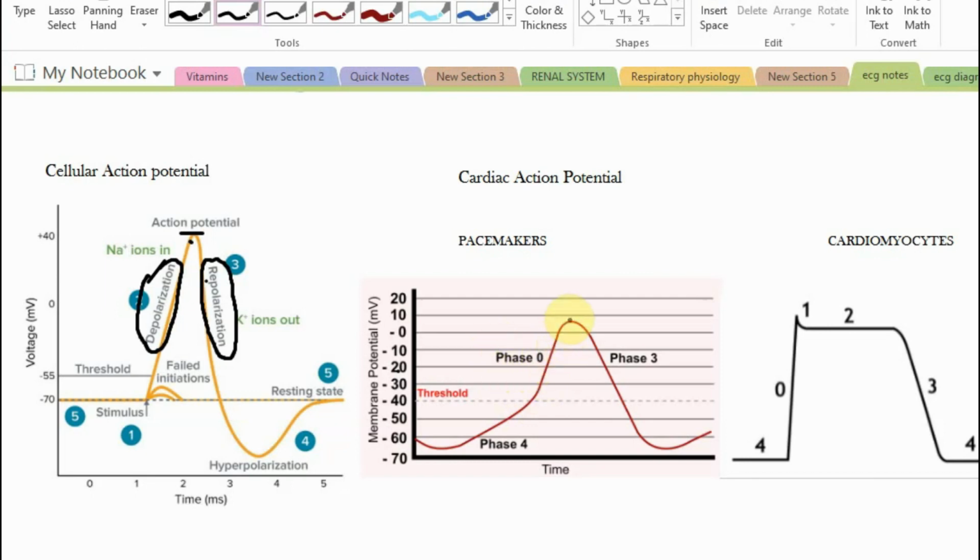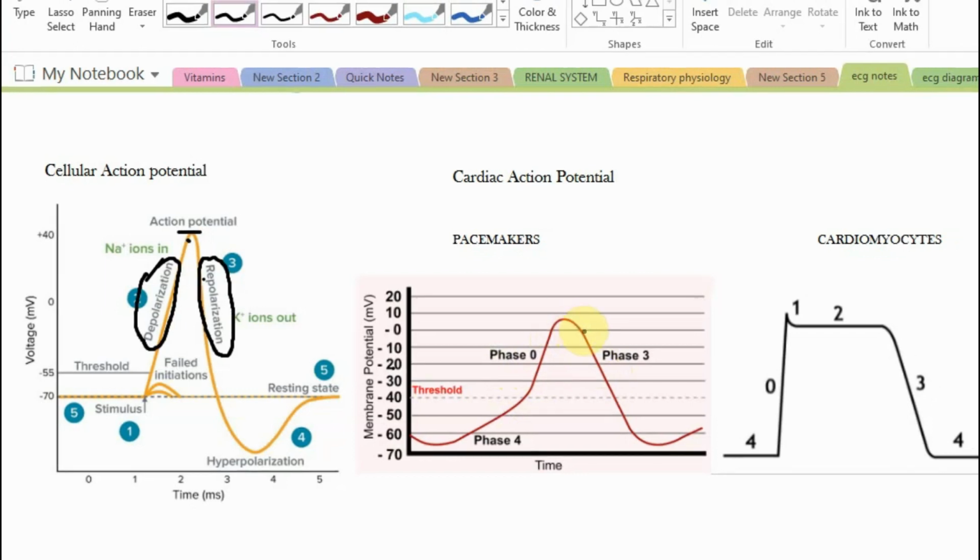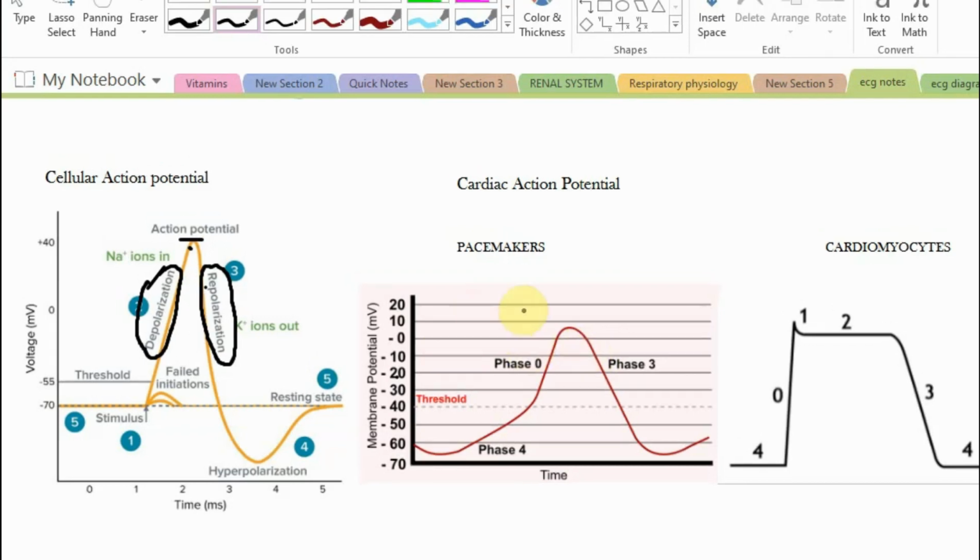At the end of this activity, when the action potential is reached, phase 3 starts. Phase 1 and phase 2 are usually absent in pacemaker cells, and what comes next is phase 3. During phase 3, as we have seen already in a normal cellular membrane, there is opening of potassium channels.